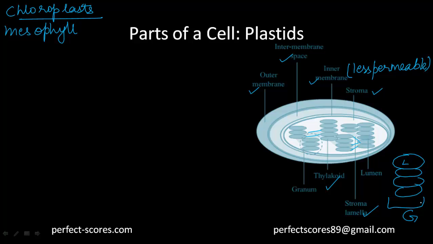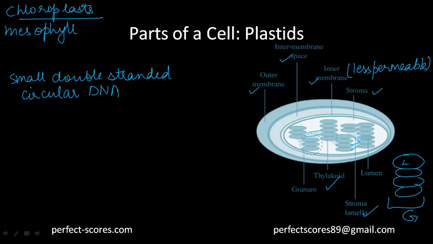Now it also contains small double-stranded circular DNA molecules. So let me write it down over here. Small double-stranded circular DNA. And apart from this, it also has carbohydrates. It has ribosomes. These are present.